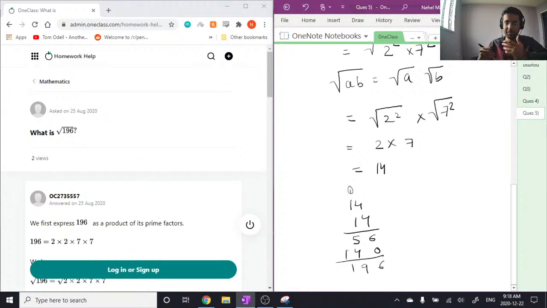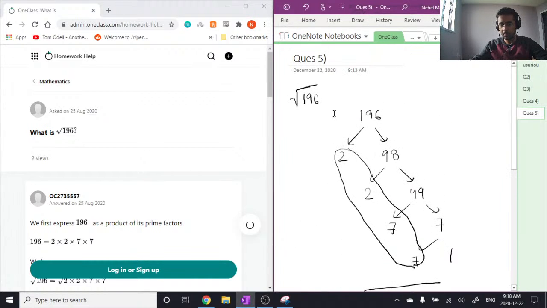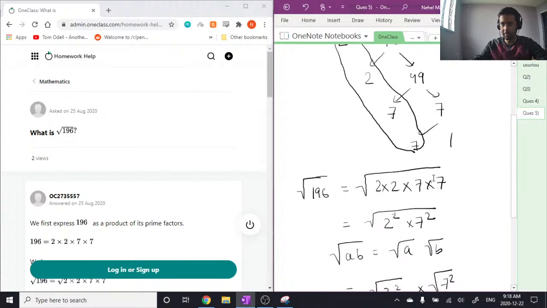So every time you do a square root question, and it's easy to go wrong, you have to ensure that you do the prime factorization first. In case you don't find perfect pairs like we did in this case, you can just leave the unpaired ones as is, take all the pairs and pick them outside of the square root to simplify.